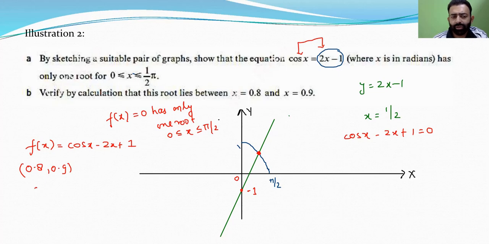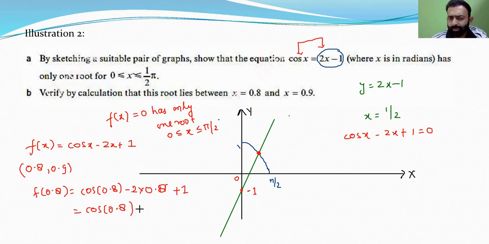We have to find the value of f of 0.8, which is cos of 0.8 in radians, minus 2 into 0.8, plus 1. I do not know the exact value of cos of 0.8. 2 into 0.8 is 1.6, minus 1.6 plus 1 gives cos of 0.8 minus 0.6, right?